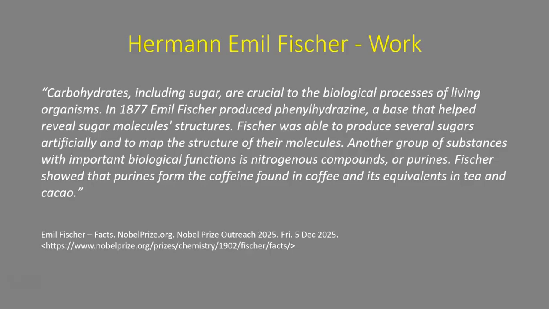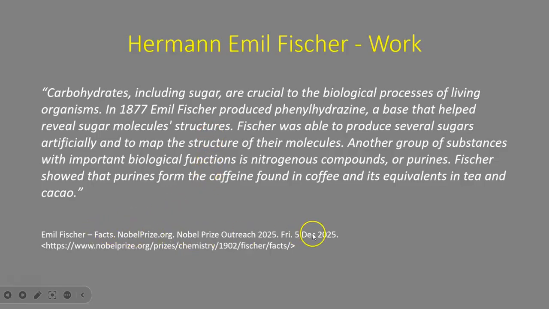Fischer was able to produce several sugars artificially and to map the structures of their molecules. Another group of substances with important biological functions is nitrogenous compounds or purines. Fischer showed that purines form the caffeine found in coffee and its equivalent in tea and in cacao.